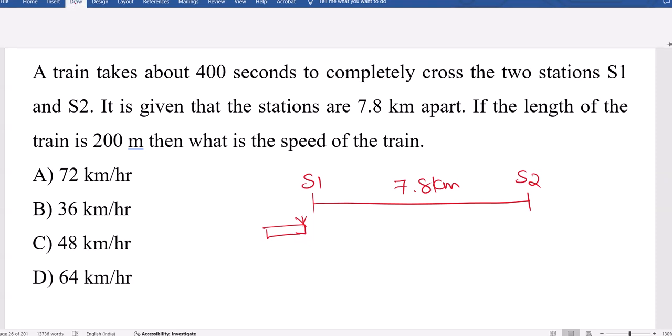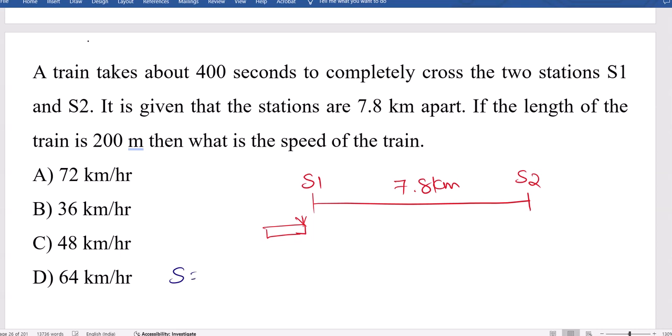Speed is distance by time. Time they given is 400 seconds and they're asking in kilometer per hour, so you need to do the conversion. Meters per second to kilometer per hour is multiplied by 18 by 5. But what about the distance? The distance is 7.8 kilometers, and the train should cross completely.